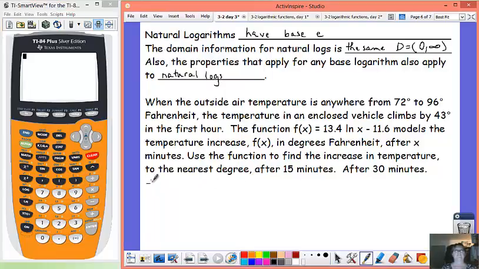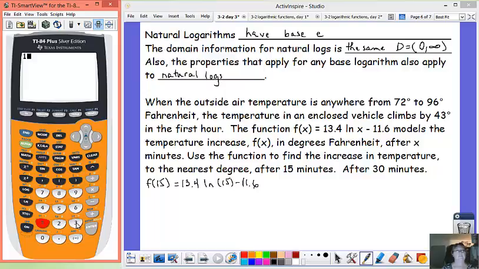So we're going to do f of 15. According to the rule, that will be 13.4 times the natural log of 15 minus 11.6. Let's come over to the calculator here. 13.4 times the natural log this time of 15 minus 11.6.